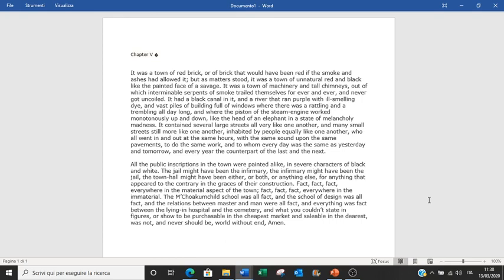Okay, then let's make a step backwards when he describes the machinery and the tall chimneys out of which interminable serpents of smoke trailed themselves forever and ever.